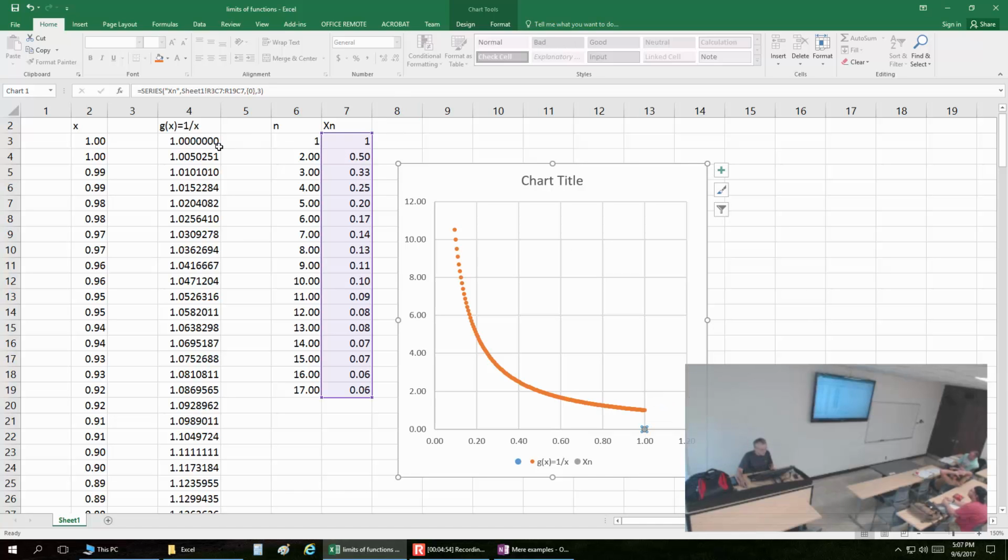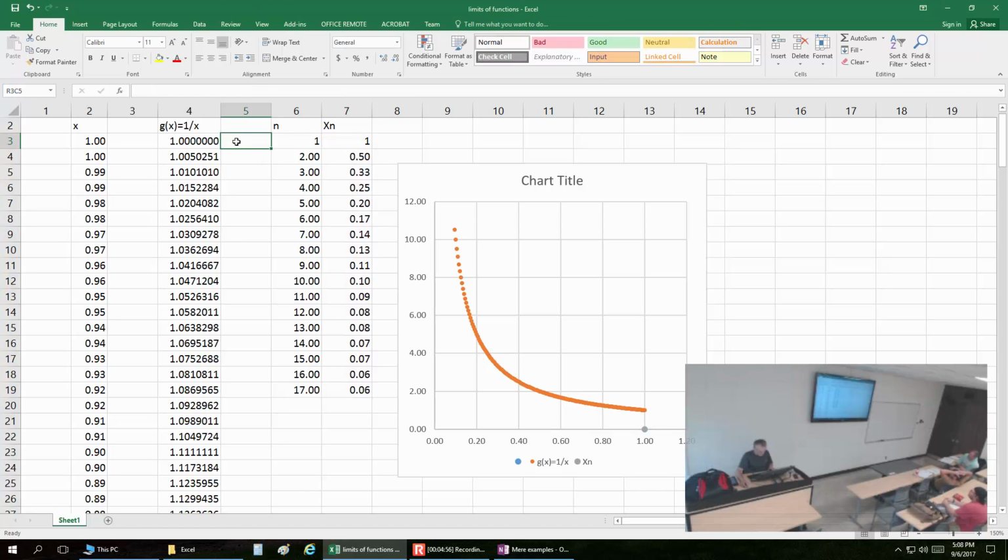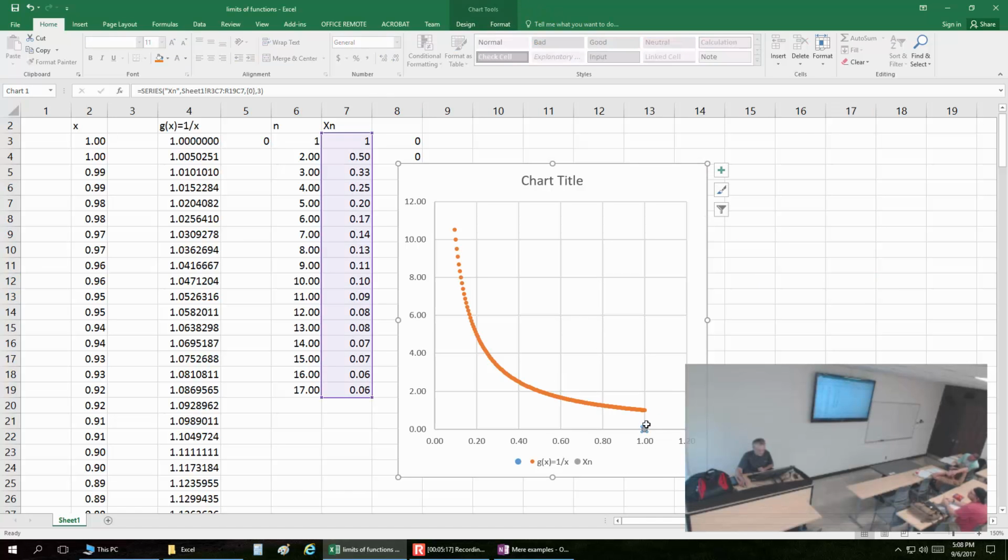Let me do it this way. Let me put a 0 here. So these are x's, and they correspond to y's. That's what I'm plotting: x's and y's, but initially on the x-axis. So once again, this is one point, but there is a bunch of them.